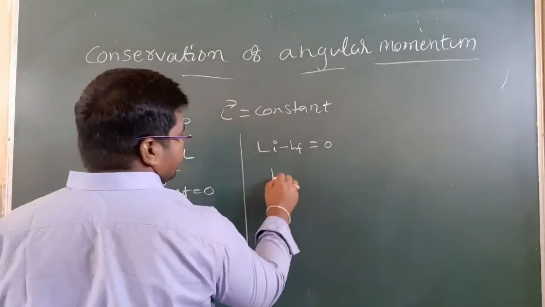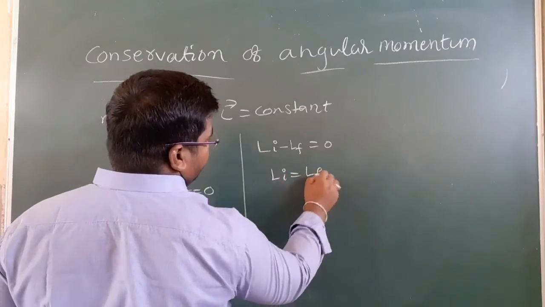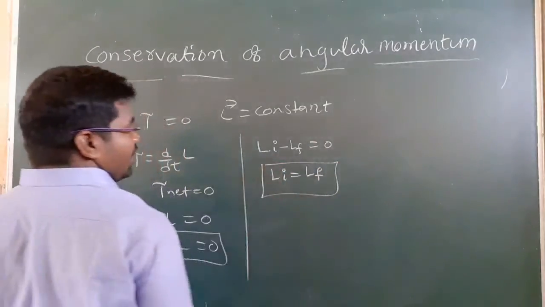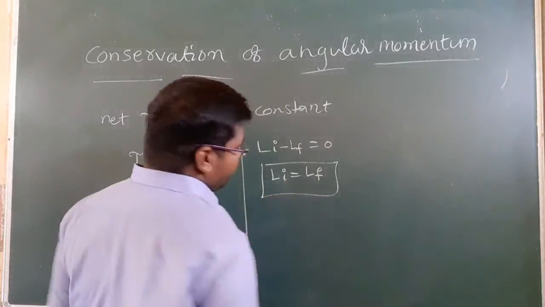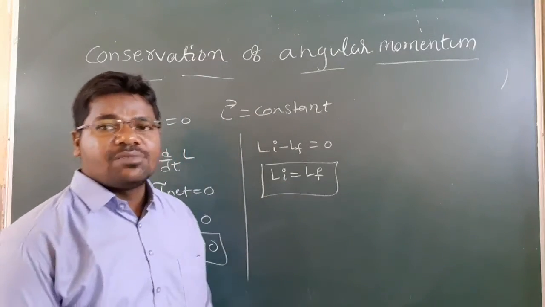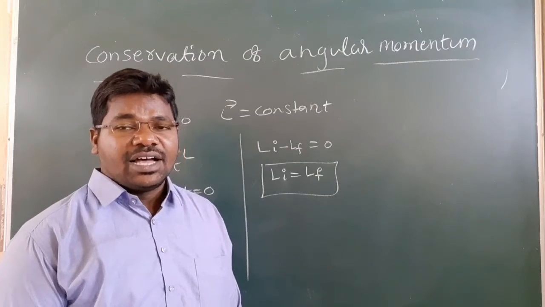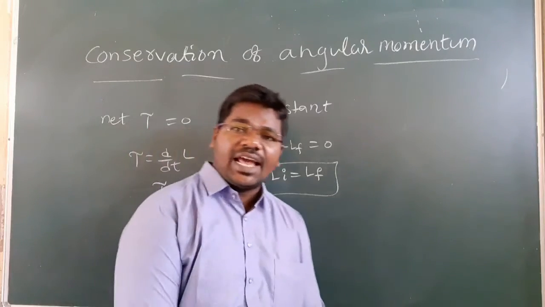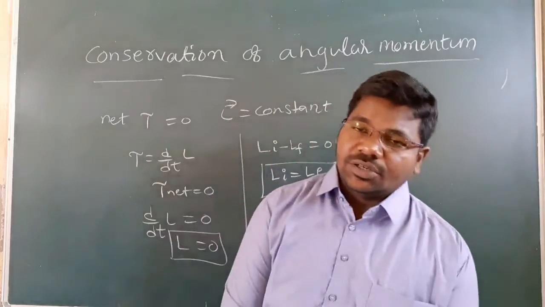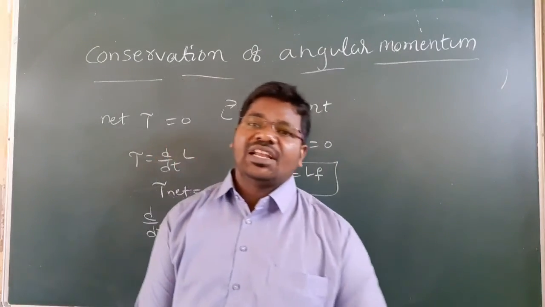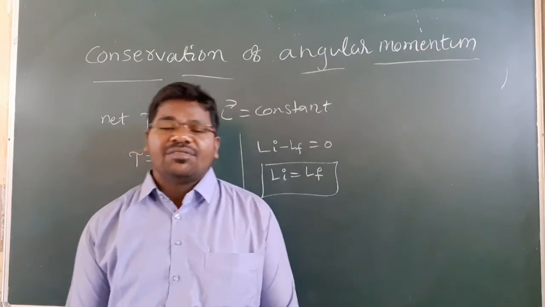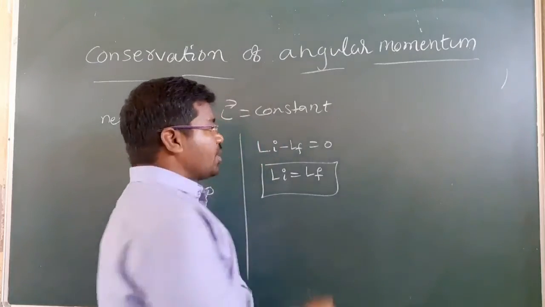Understand? Means Li is equal to Lf: the initial angular momentum is equal to the final angular momentum. So when the net torque acting on the body is 0, the angular momentum will be conserved.